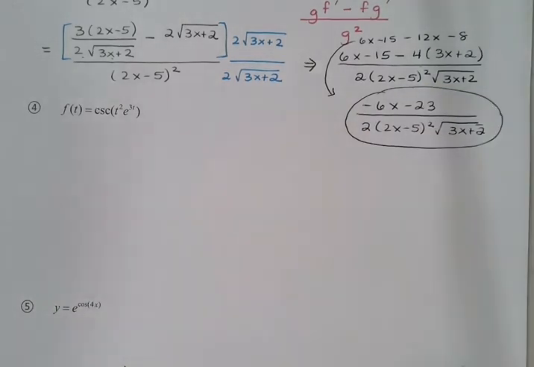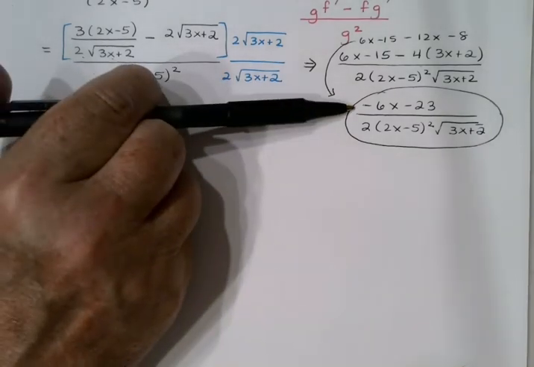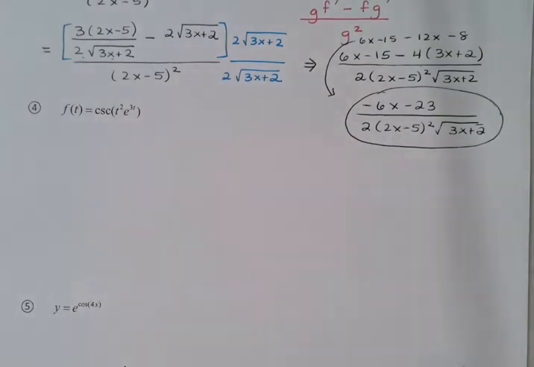So it is a little bit of algebra, but it gives us a relatively simple result. In particular, notice how nice and simple my numerator gets here. As we'll see later on, that's going to have some advantages when we start using these derivatives in some other kinds of problems. All right, how about number 4?